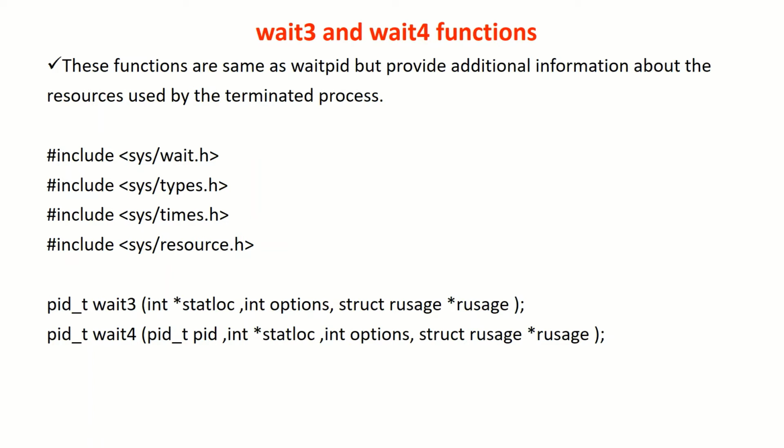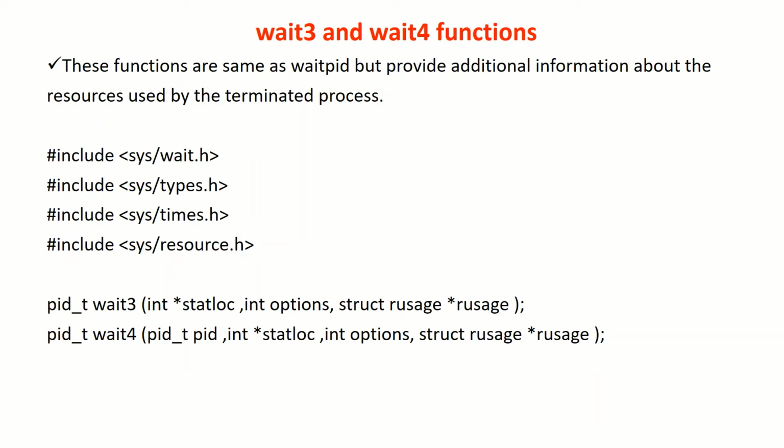The status of child processes that are stopped and whose status has not yet been reported since they stopped is also reported to the requesting process. When this flag option is specified and no process has status to report, then wait3 returns 0. Like this, we then move towards another parameter, STATLOC, which specifies the location where the child process exit status is stored.